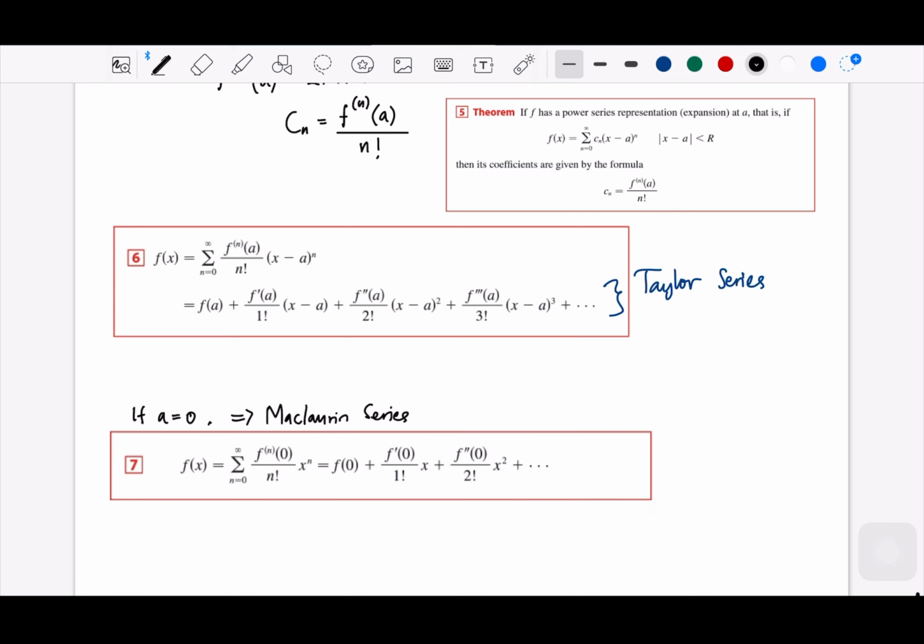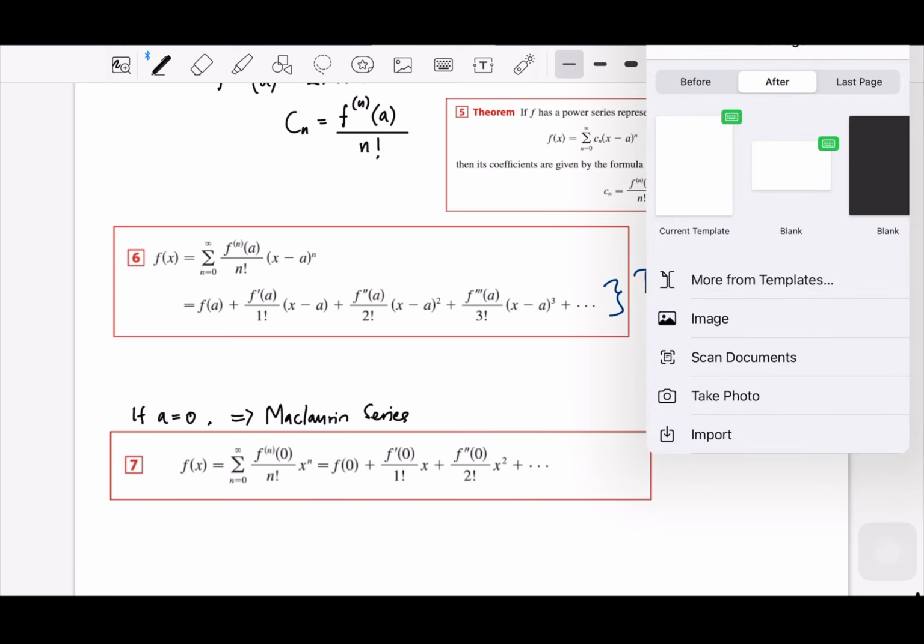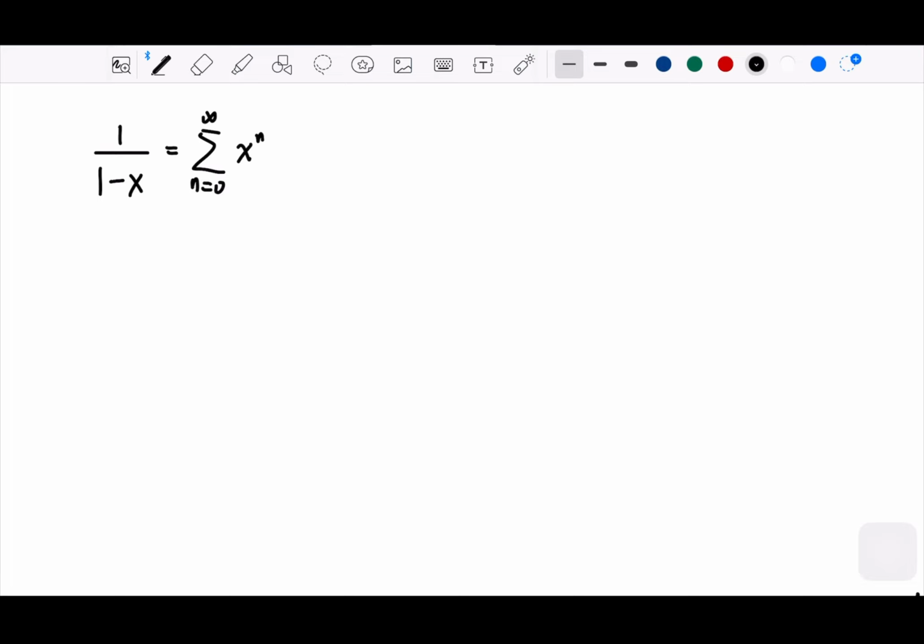Okay, let's see some examples. Remember that from the previous sections, we know that if we have the function 1 over 1 minus x, we can represent it as a power series, the sum of x with power of n, and this is equal to 1 plus x plus x squared plus dot dot dot, where the ratio is less than 1.